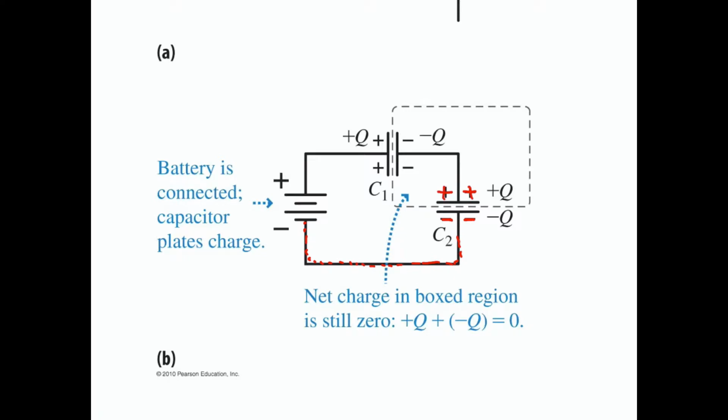These two positive charges drive two negative charges out from the other plate. Those two negative charges come to here and of course stay. They cannot pass through.